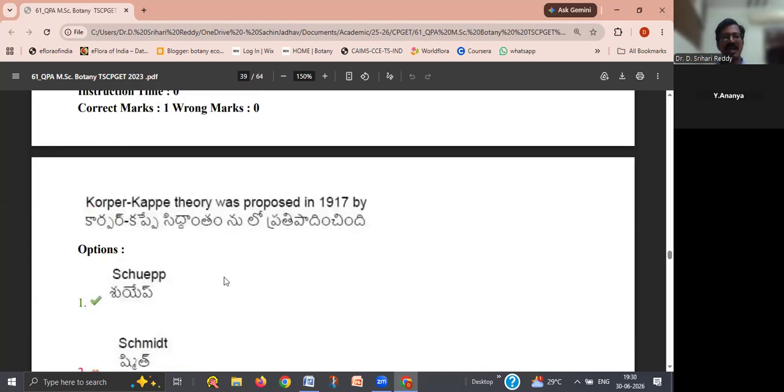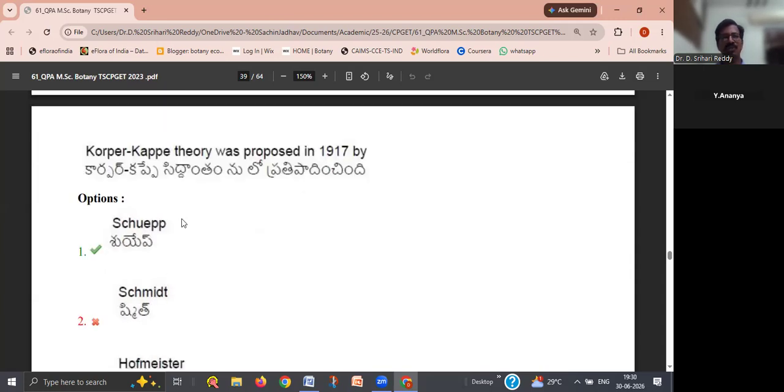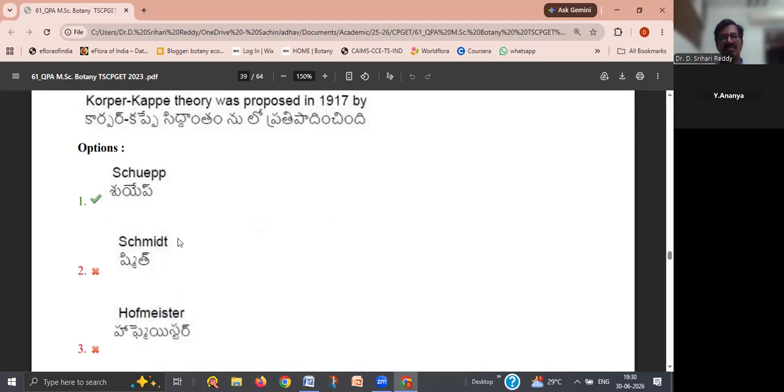Next, Histogen theory was proposed in 1917, who proposed it? Sorry, the Korper-Kappe theory was proposed in 1917. This is related to root apex organization. This theory explains the root apex organization. So who proposed it? Schuepp. Schuepp proposed the Korper-Kappe theory, and Schmidt, what did he propose? He proposed the Tunica-Corpus theory. That is related to shoot apex, a different theory.